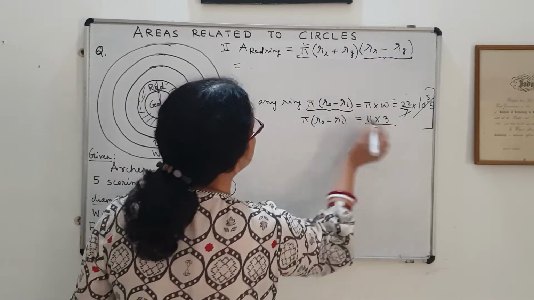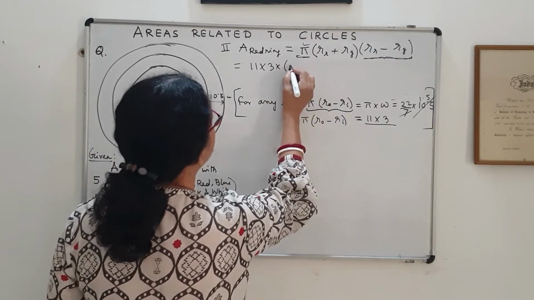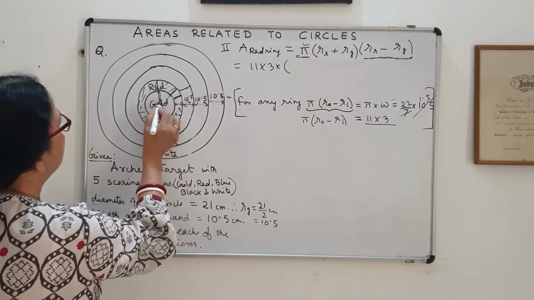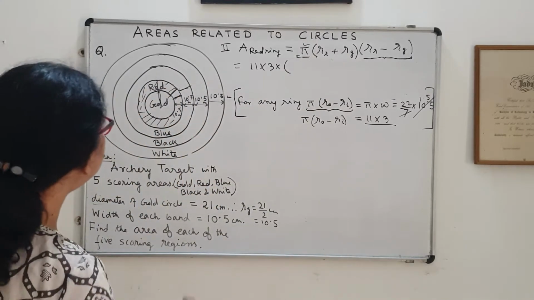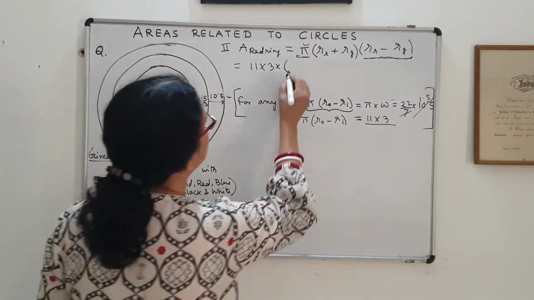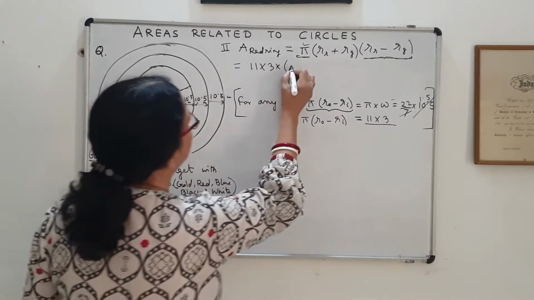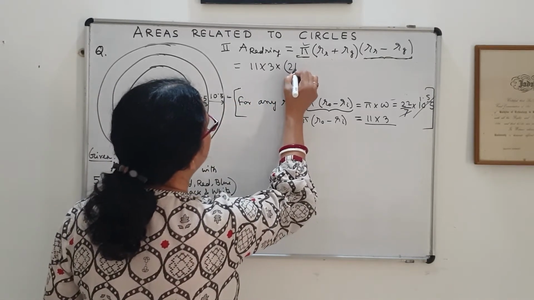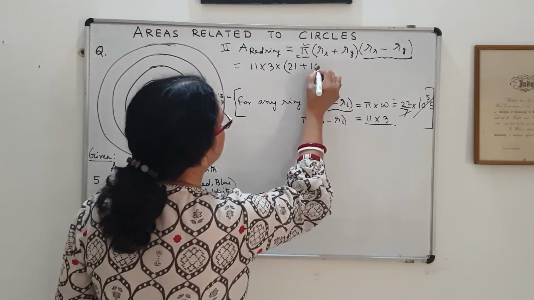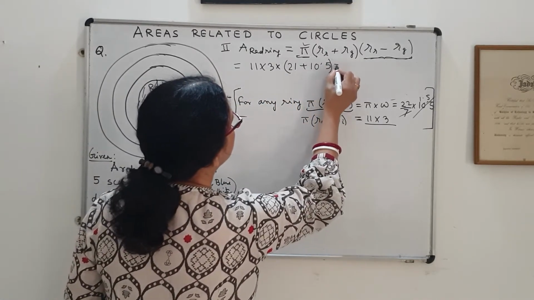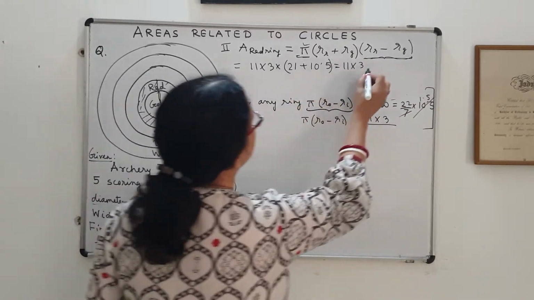Pi into the width is 11 into 3, and the radius of red is 10.5 plus 10.5, that is 21, plus the radius of gold, 10.5. So 11 into 3 into 31.5.